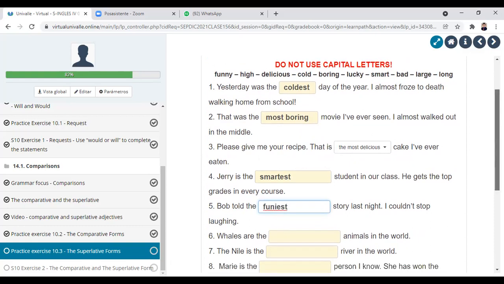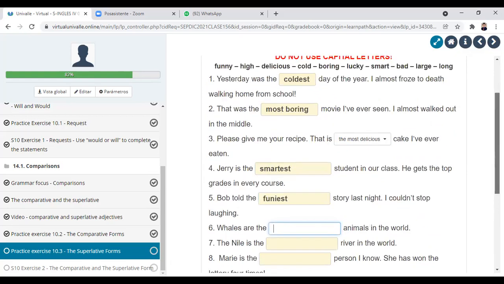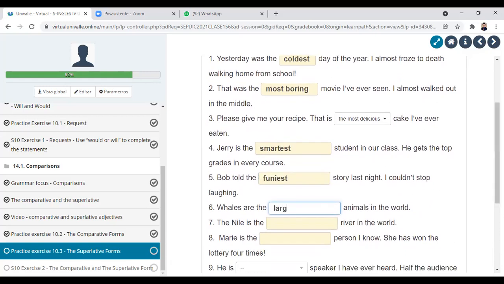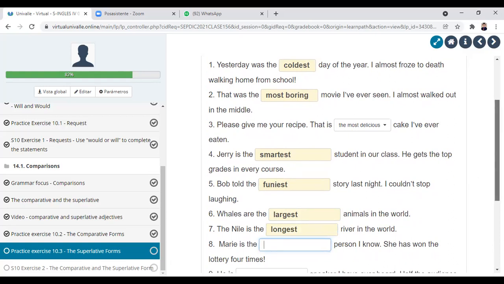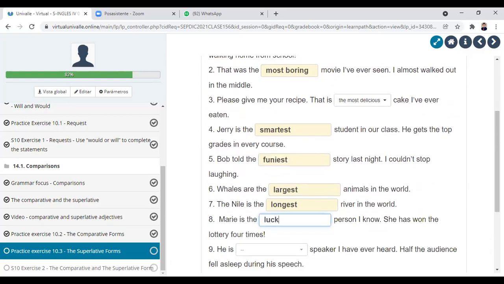I couldn't stop laughing. Whales are the largest animals in the world. The Nile is the longest river in the world. Mary is the luckiest person I know.